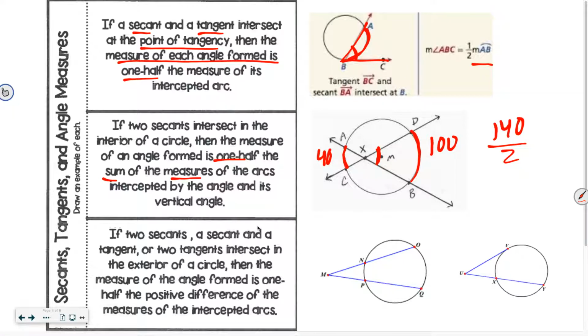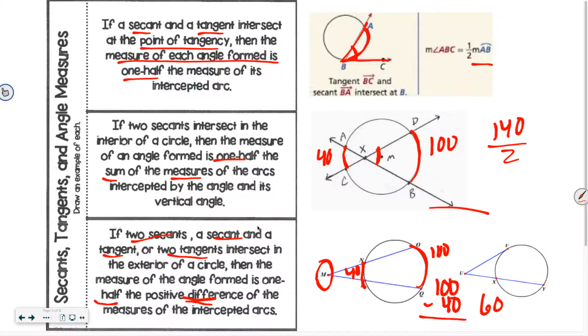Okay. Then the next one says, basically we have 2 secants, a secant and a tangent, or 2 tangents. So basically pictures that look like this. If I want to find it, it's the difference of the 2 measures of the arcs, and it's half that. So if I find this angle, so say let's once again use 100, and this is 40, then this little bitty angle out here isn't 100 plus 40, but it's 100 minus 40.